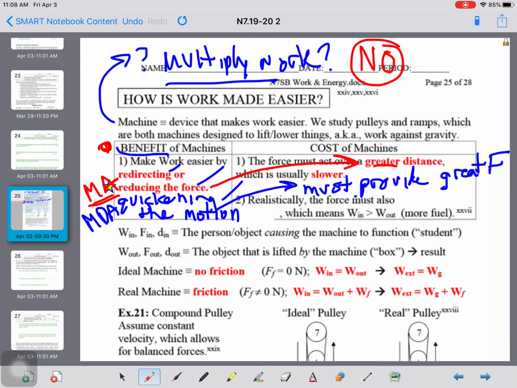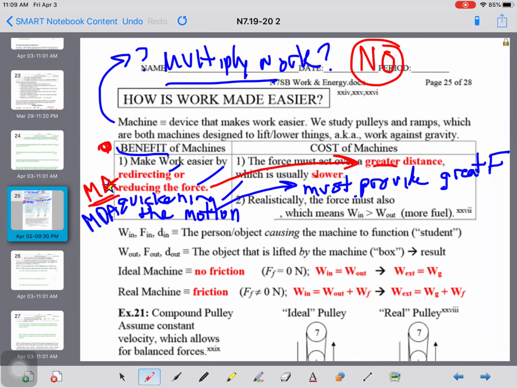If you instead use a ramp, the ramp is a much greater distance, but it's a much lower force. So if your leg strength or body issues or in a wheelchair, whatever it is, it's much easier to go up a ramp. It requires less force.